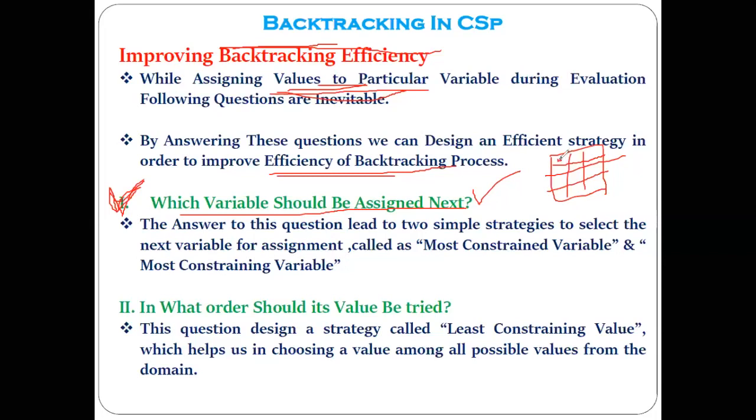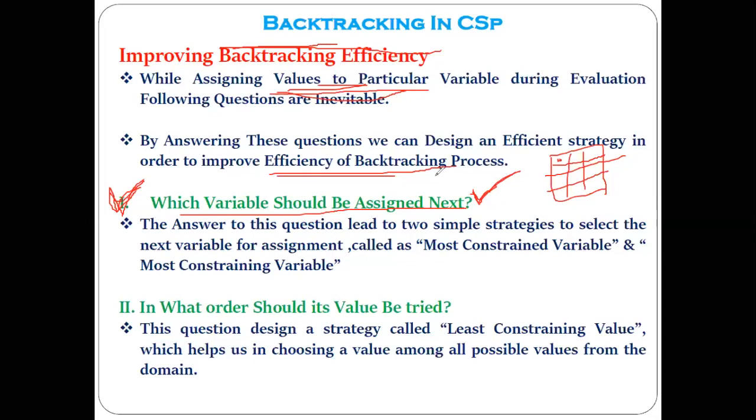Yes, the 0 position, right? So in order to improve backtracking efficiency, before choosing the variable you must ask which variable should be assigned next, instead of randomly assigning the value to the variable or randomly choosing the variable, so that the number of backtracks can be reduced. Got the point?